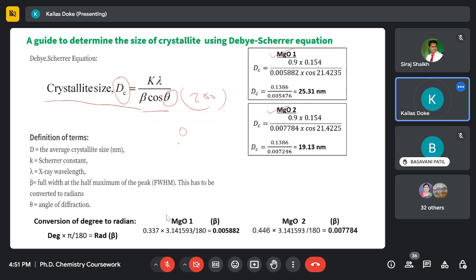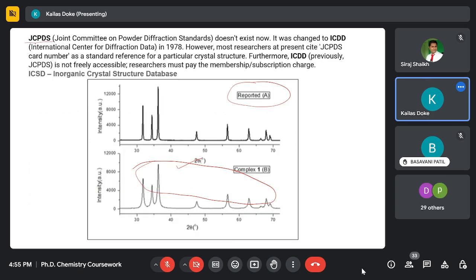Using data, the unknown compound is compared with reported compounds using some standard data, JCPDS, which stands for Joint Committee on Powder Diffraction Standards.